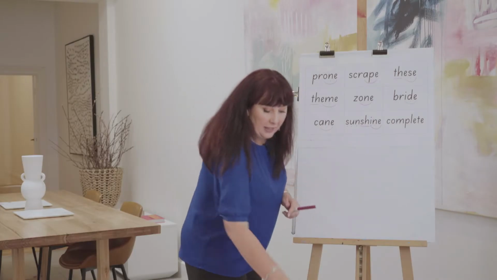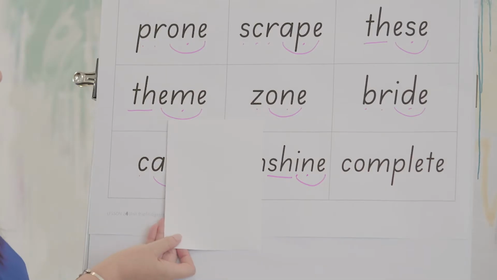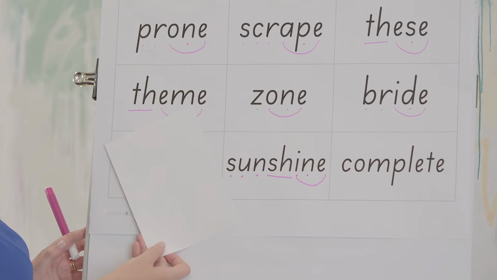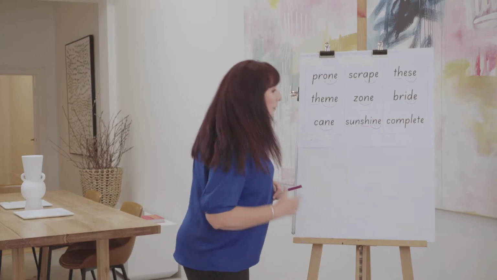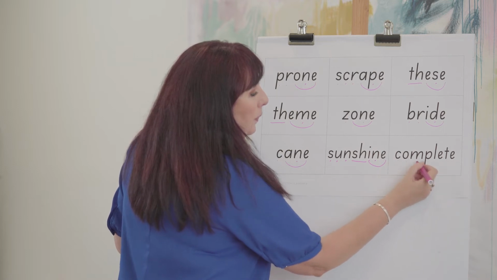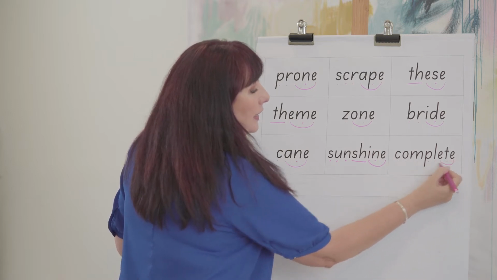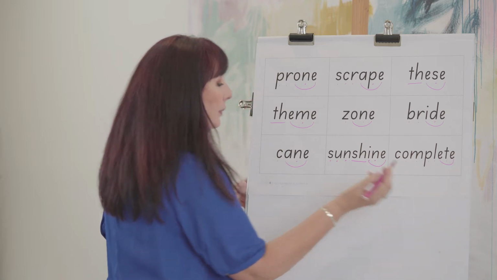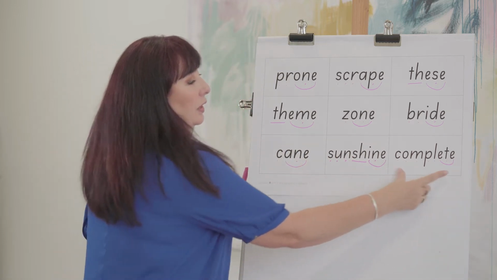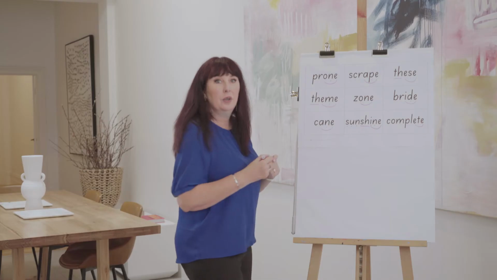We could easily have just that word and say shine. What kind of shine? Sunshine. Good job. Complete. Cane, sunshine, complete. Good job.